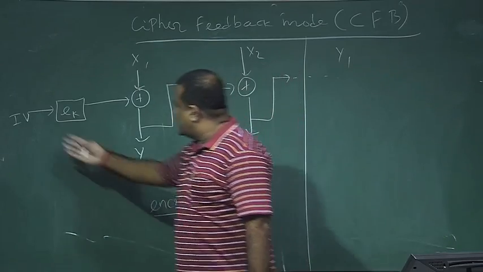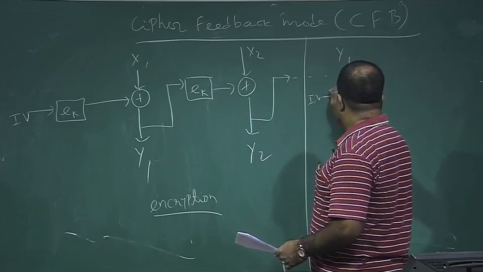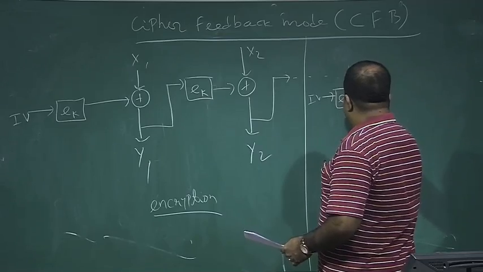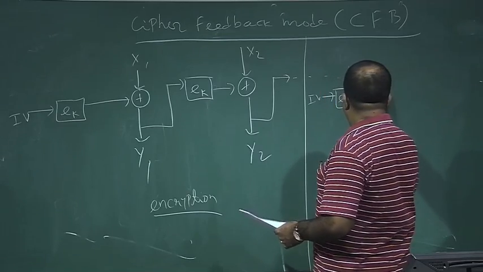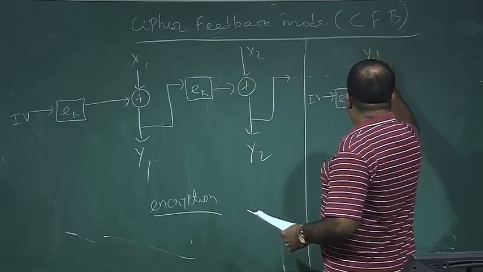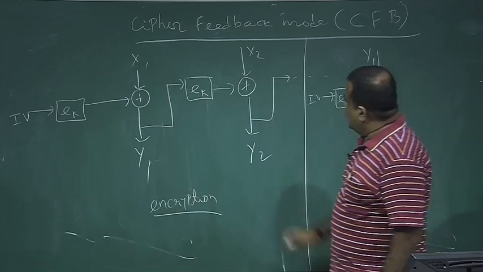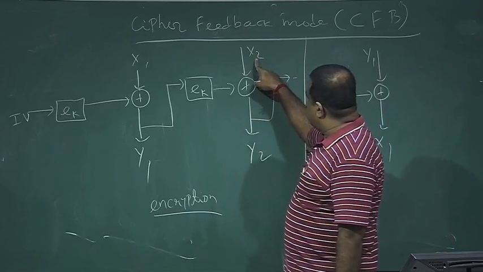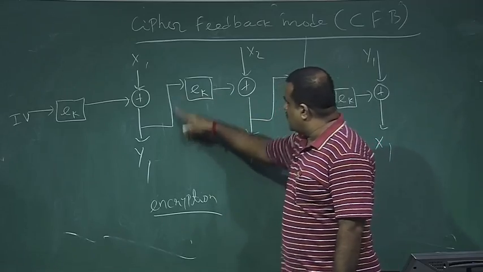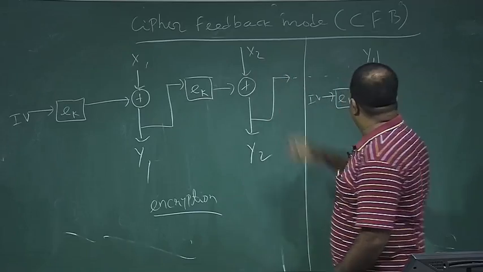So, basically again we have to encrypt this EK using the same key, and then we XOR this with the Y1. So, this will give us X1, and now again to get back X2 we have to encrypt this Y1 again and XOR with the Y2 to get back X2.